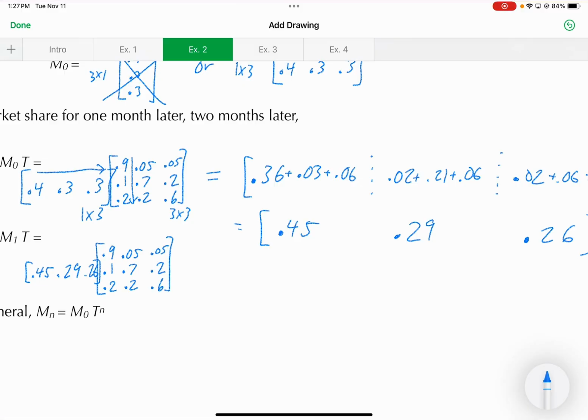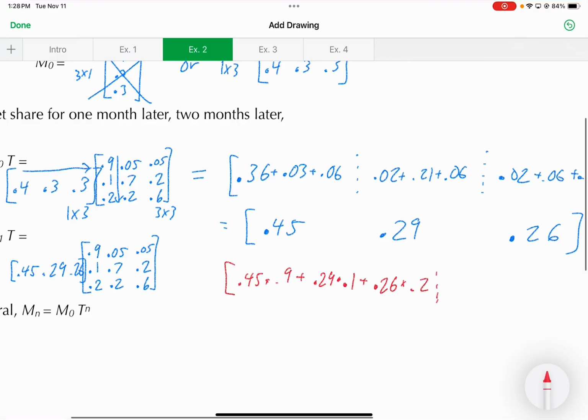We ready to roll? Okay, so I need to do 0.45 times 0.9 plus 0.29 times 0.1 plus 0.26 times 0.2. All right, so that's our first entry.